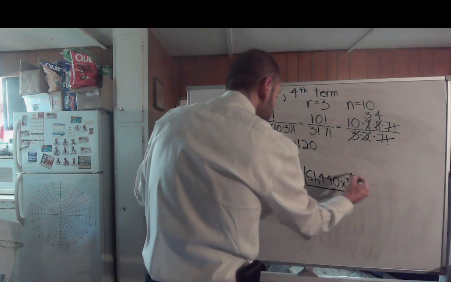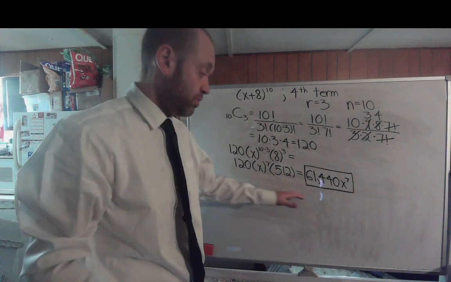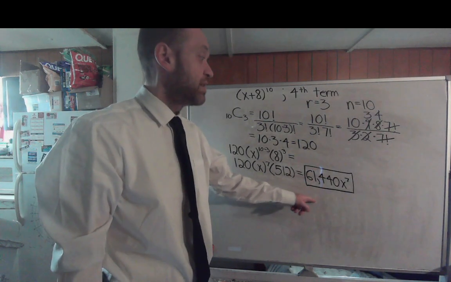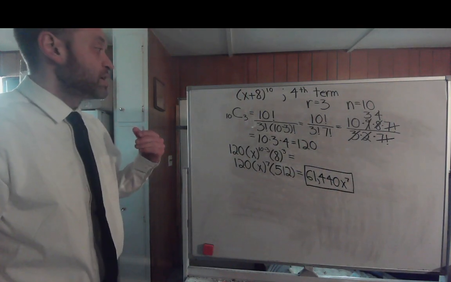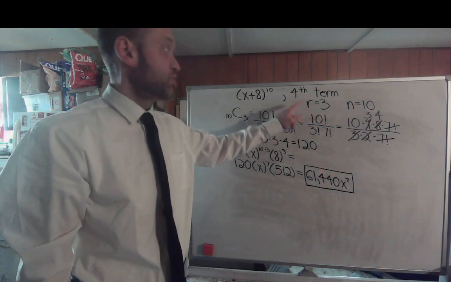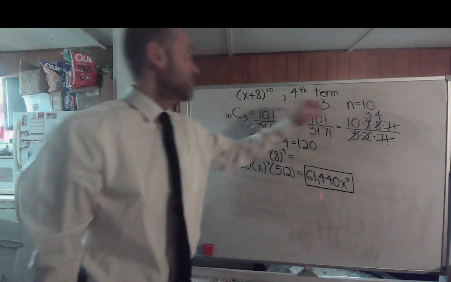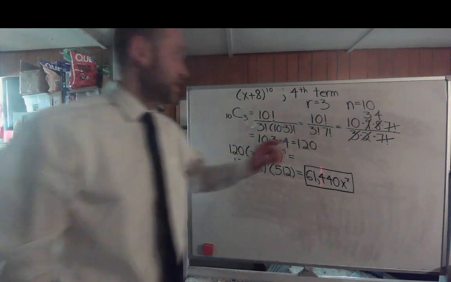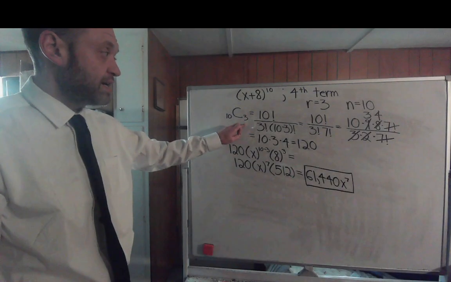So the fourth term of this particular binomial expansion total is 61,440 x to the 7th. And I did that by first finding my r to be 3, which is always one less than the term number I'm on. The n is always the power the binomial was raised to, so I take the combination of 10 things 3 at a time.